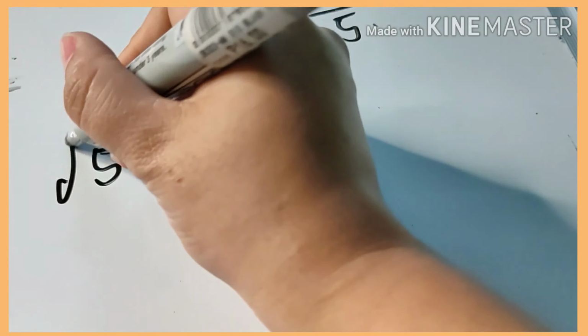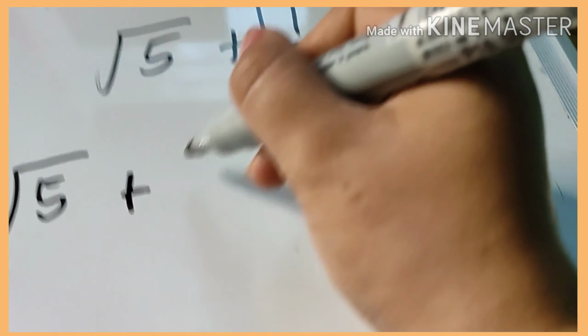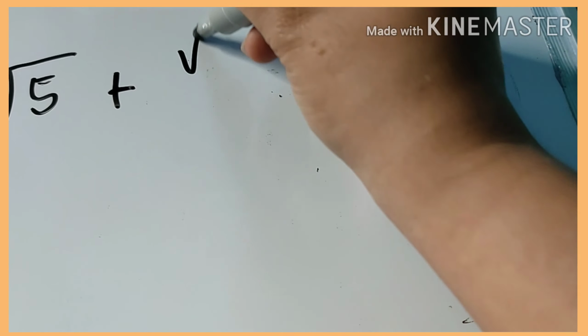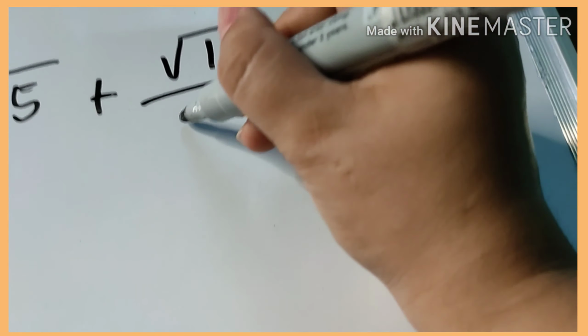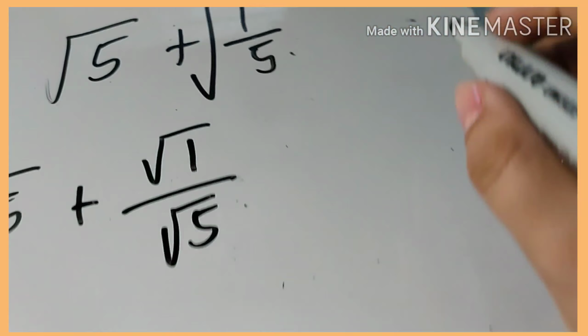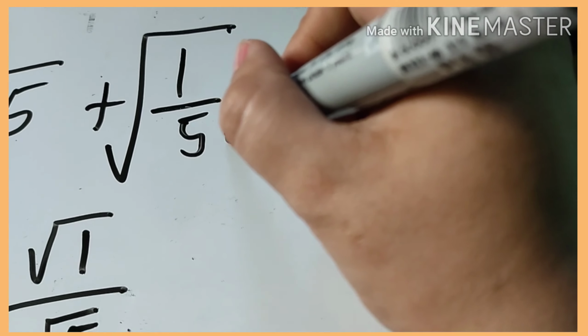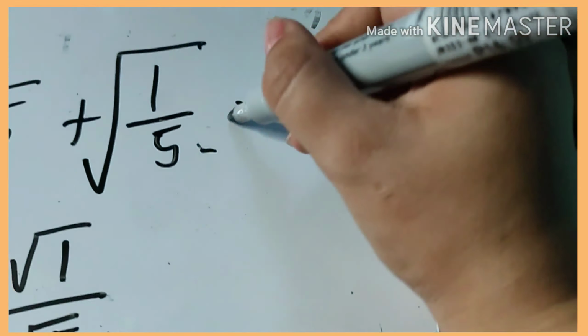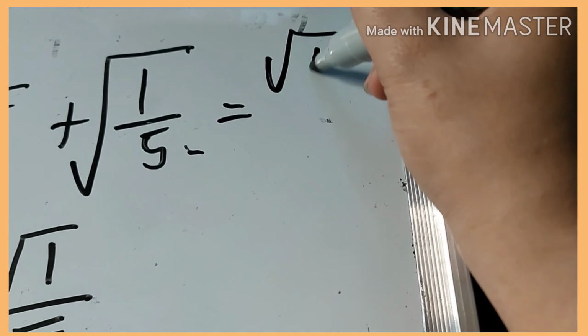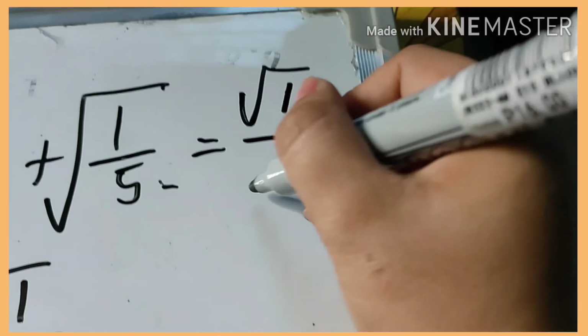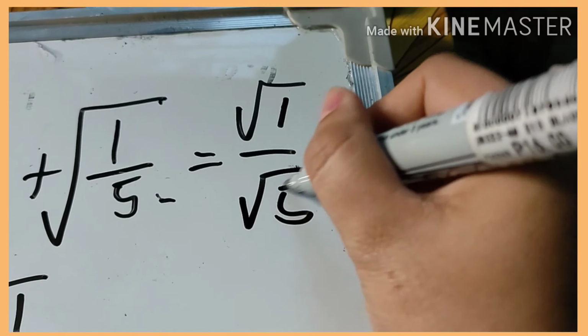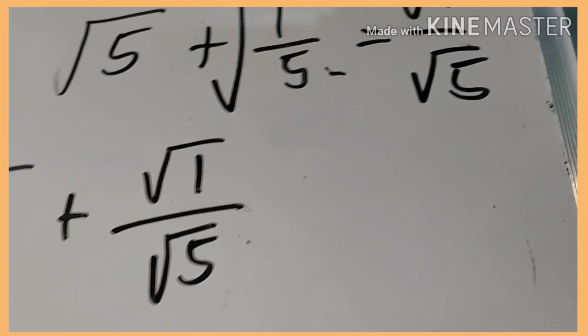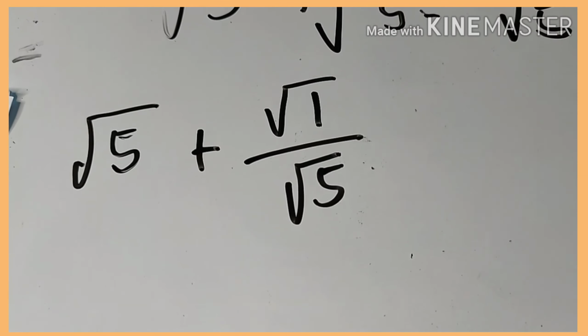So you can rewrite that as square root of 5 plus square root of 1 over square root of 5. If there is a fraction as your radicand, you first have to get the square root of your numerator and the square root of your denominator. Just like this one.